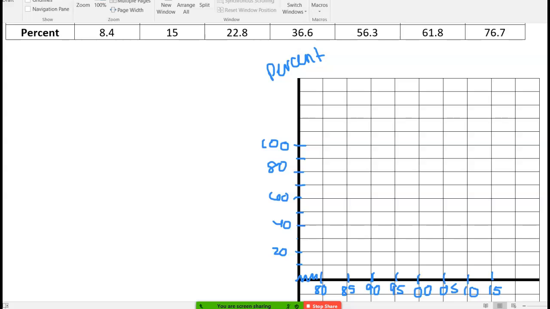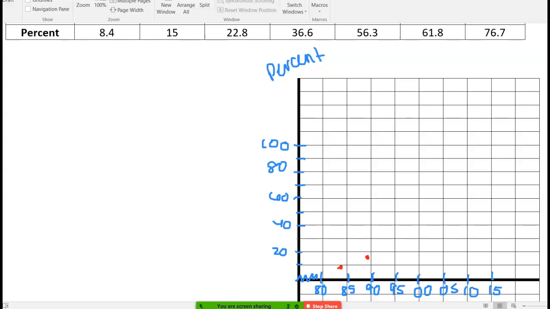So in 84, a little bit before 85, it's at 8.4. So that point would be just inside that box right there. 89, which is a little bit before 90, is at 15.